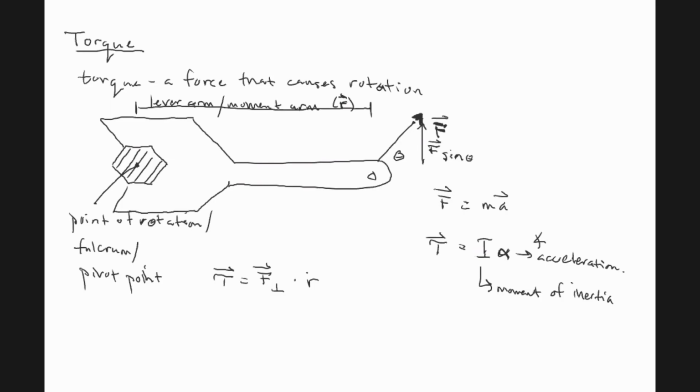Remember last week when we only looked at work, the horizontal component of that work was the F cosine of the angle. For torque, it's F sine of the angle. So we write this as F sine of the angle, the perpendicular component, times lever arm. So torque is equal to F times R times the sine of the angle in between.